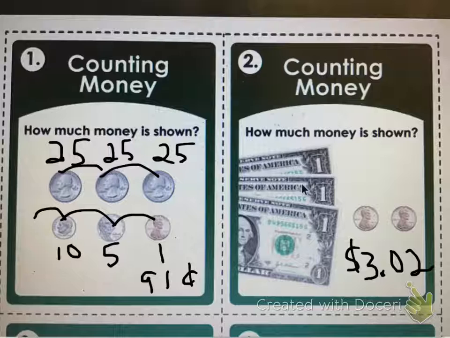So that really means $3, 0 dimes, and 2 pennies. The nickels, if you had nickels, they would also go in this place here because they're worth just 5. So that's how you would write $3 and 2 cents. Okay, hopefully you got that correct.